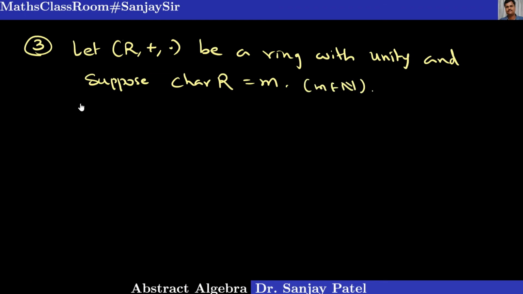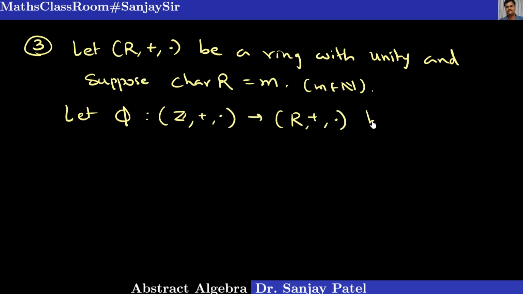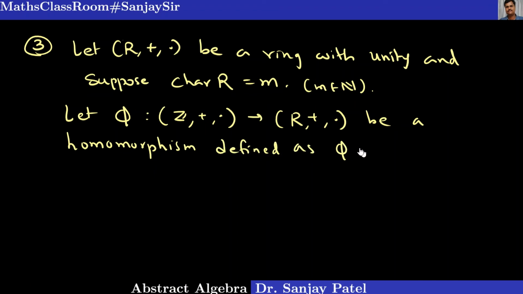Okay, then let phi be a homomorphism from the ring of integers Z, +, · to this given ring R, +, ·, defined as phi of n is equal to n into 1 for every n belongs to Z. We already proved in our previous videos that this is a homomorphism.